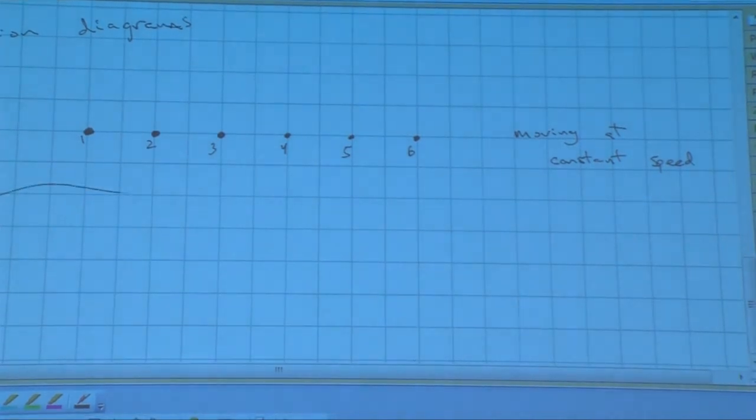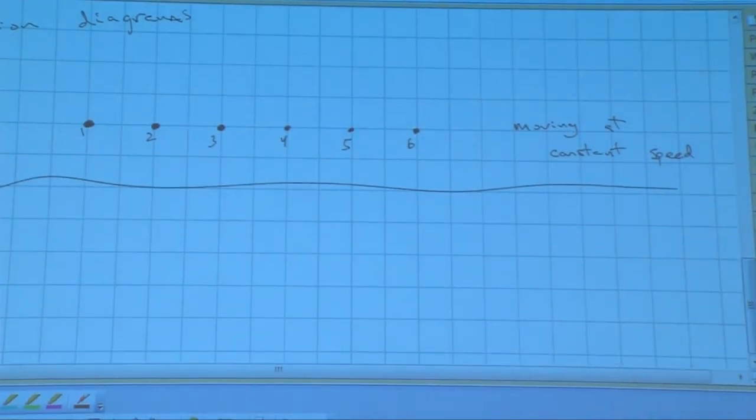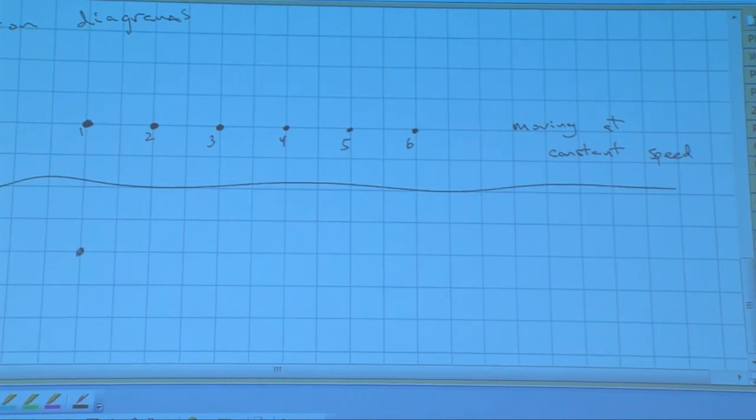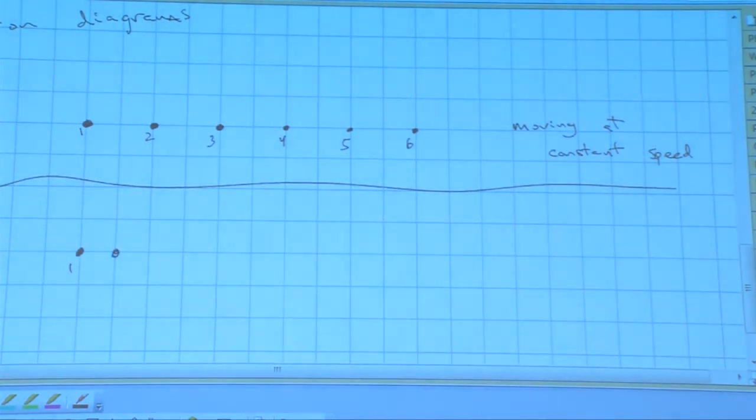Okay, we could also do this. The first one goes here. Then the next time the light flashes, the object is here. The next time the light flashes, it's there. Then it's there. And it's there.